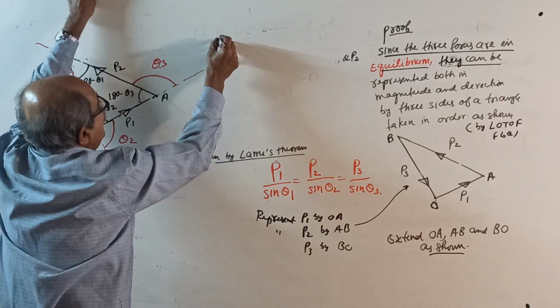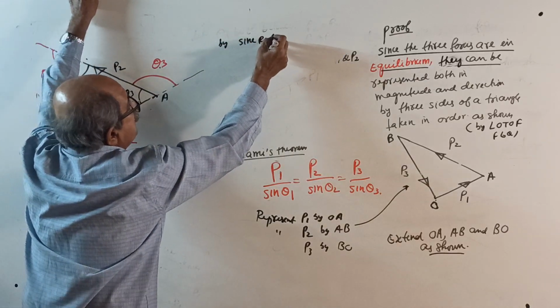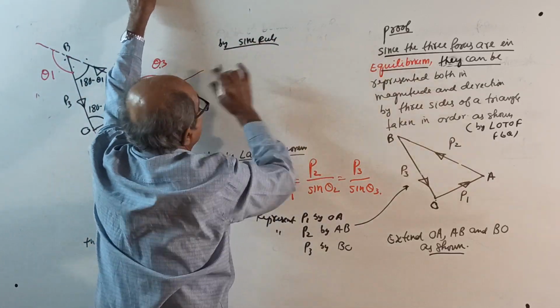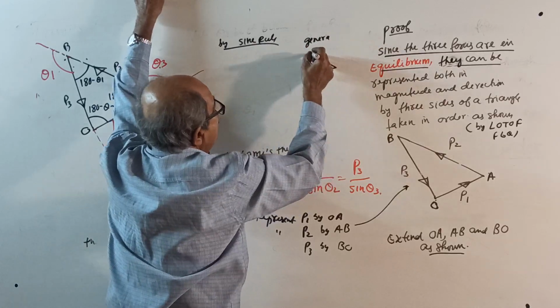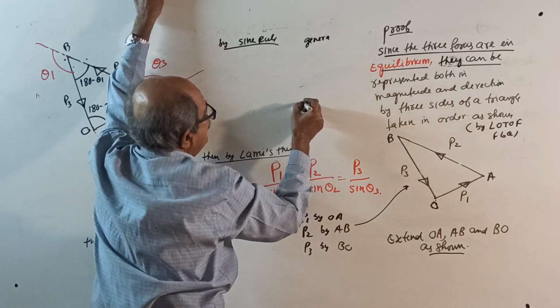Then we have by sine rule applied for triangle. I make a small note if you want. Suppose in general, if you draw a triangle ABC, a little bigger I'll put here to understand.